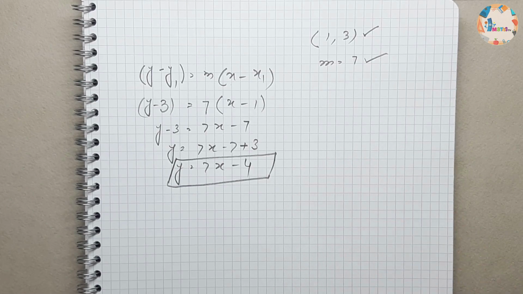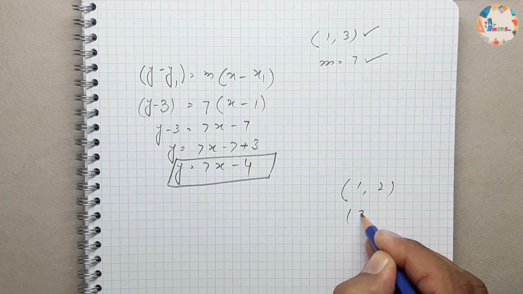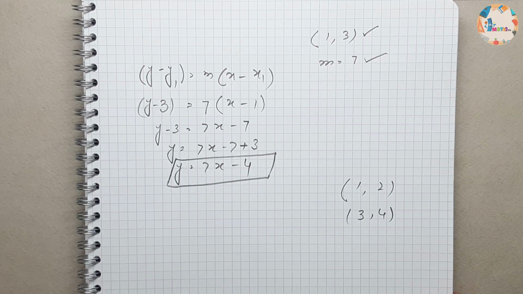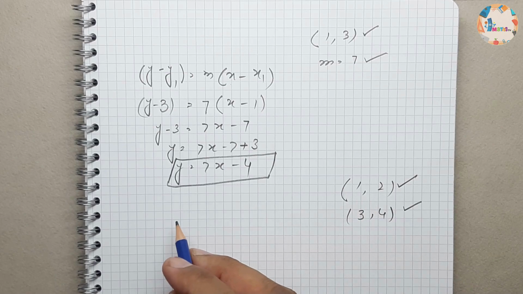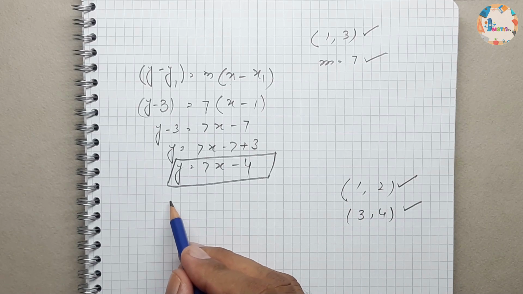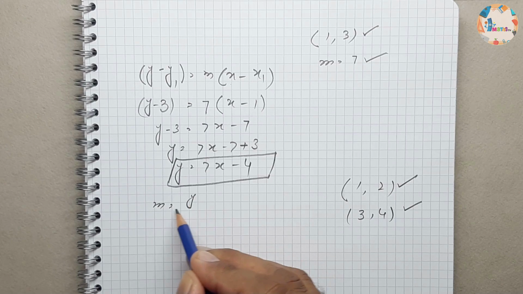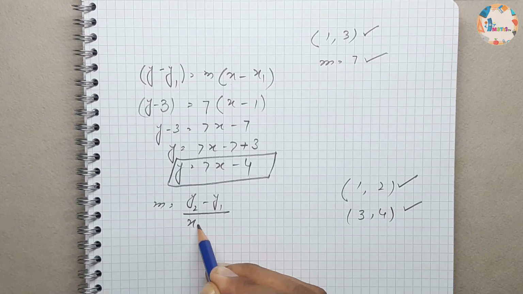Then if 2 points are given, for example 1, 2 and 3, 4, these are the 2 points which are given, and we have to write the equation of the line by using these 2 points. First of all we can find the gradient, and the formula for the m value is y2 minus y1 over x2 minus x1.